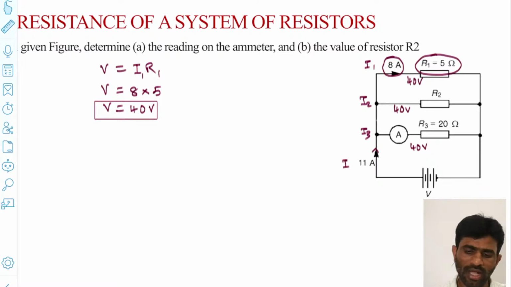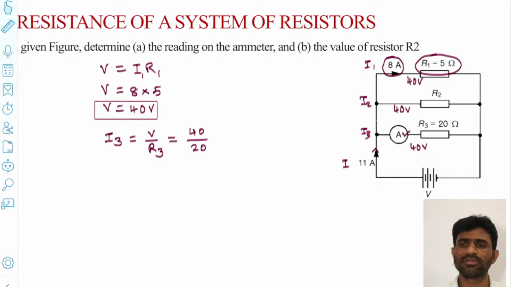Now the reading of the ammeter we have to find. I3 we have to find. I3 is equal to V by R3, by Ohm's law. We know V is 40 volts, and R3 is 20 ohms.